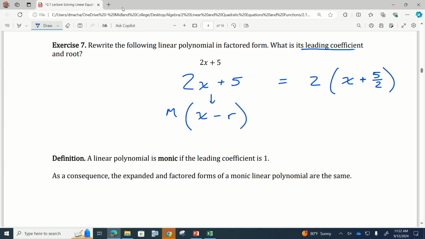What is the leading coefficient of this polynomial? 2. And what is its root? Negative 5 over 2. Yeah. So of course this is 2 times x minus negative 5 over 2, which simplifies to being x plus 5 over 2.